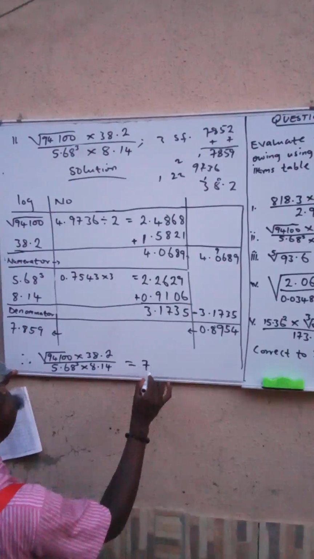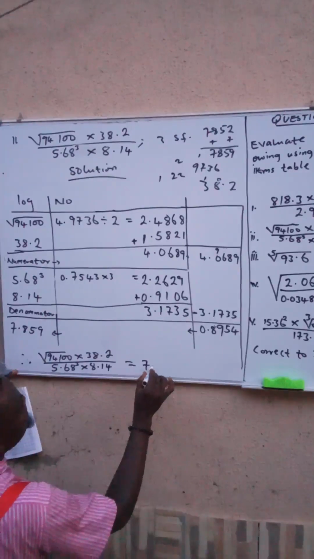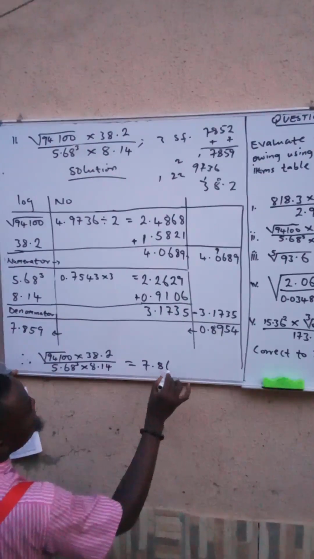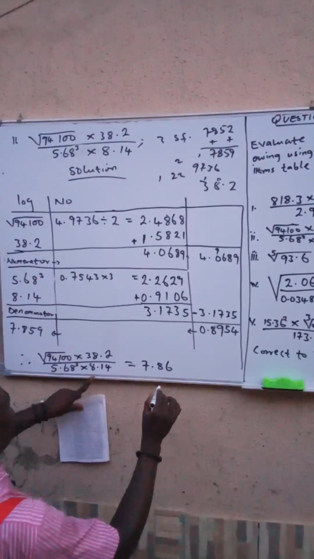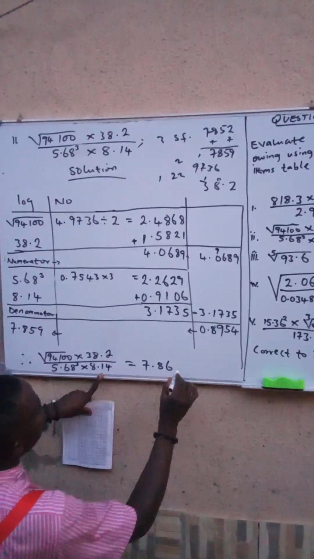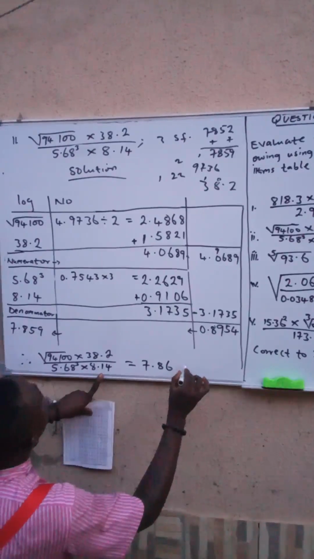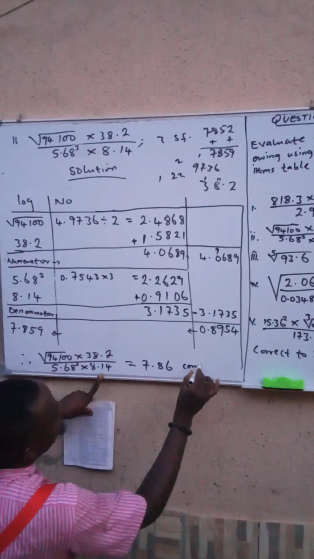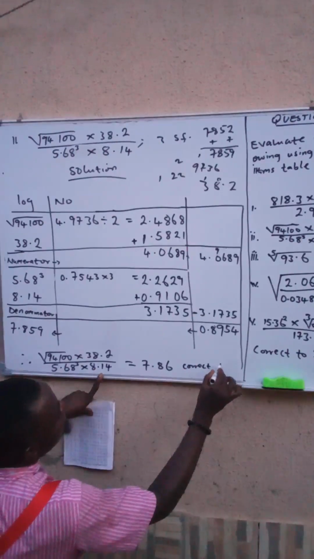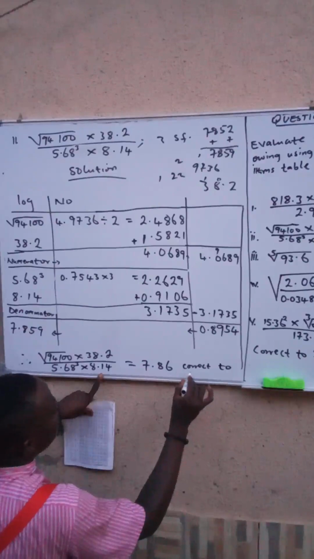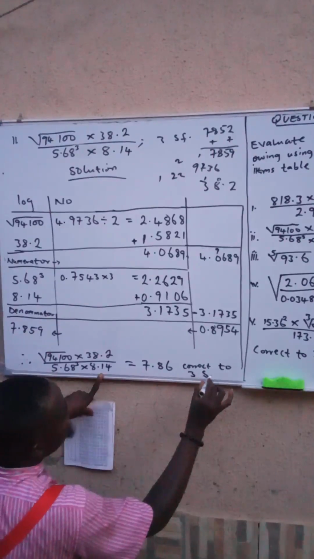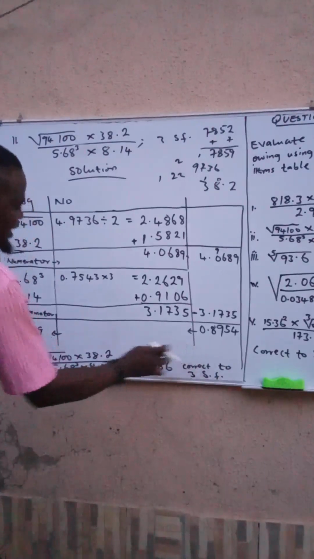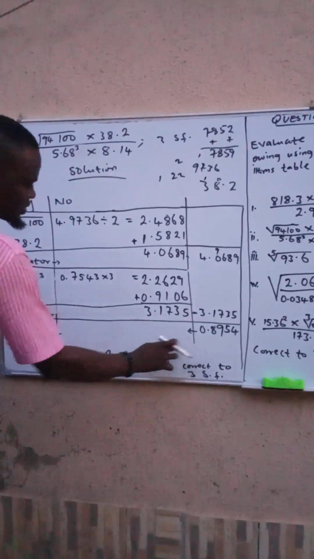They say to 3 significant figures, 7.86, correct, to 3 significant figures. So that is the final answer to this.